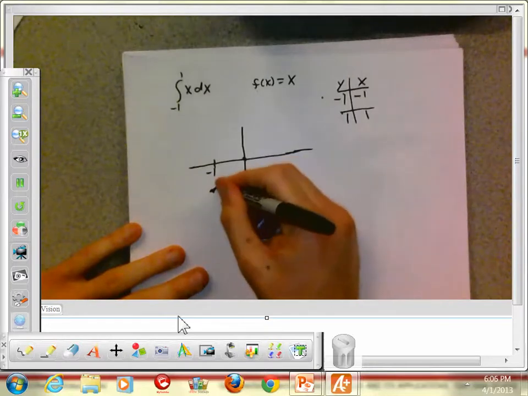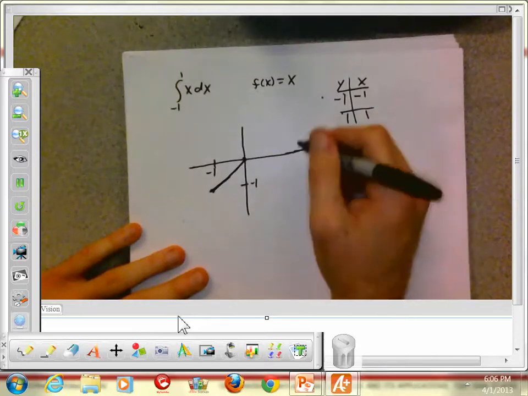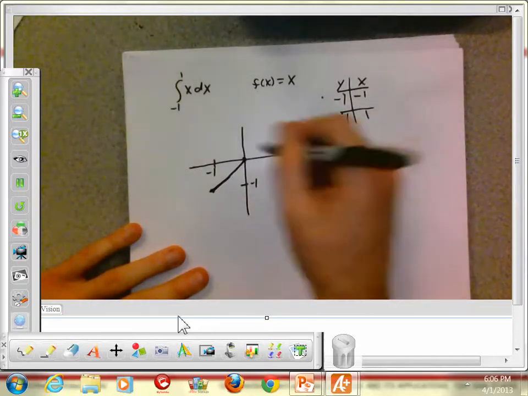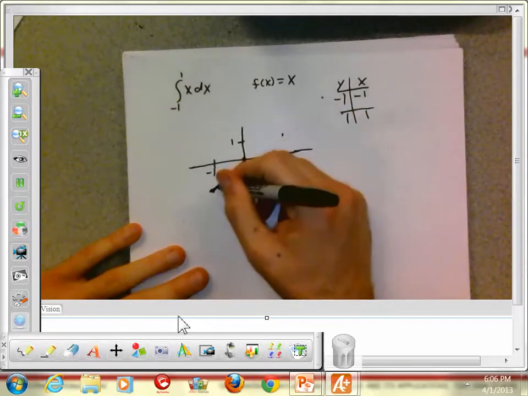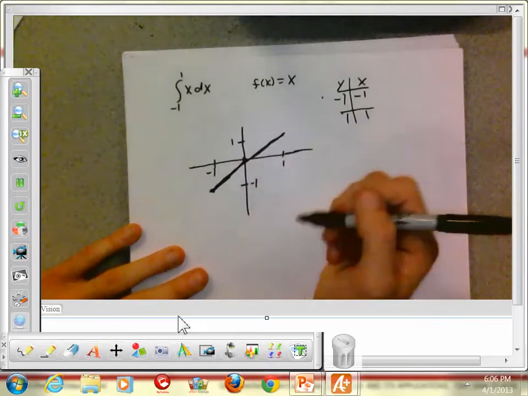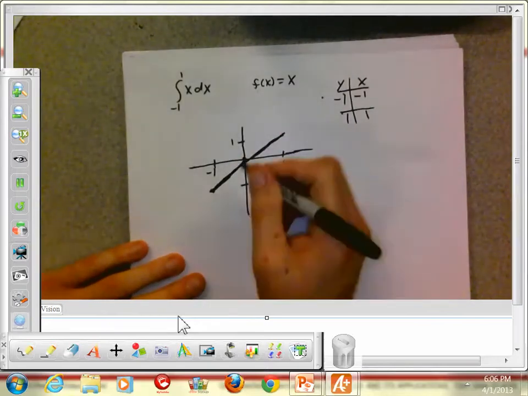And it's a straight line, and when x is 1, y is 1. So it's going to be a straight line connecting, that's not a very straight line. Okay, I guess it looks okay. From -1, and it's 0 in the middle.